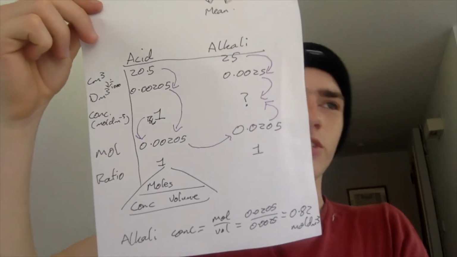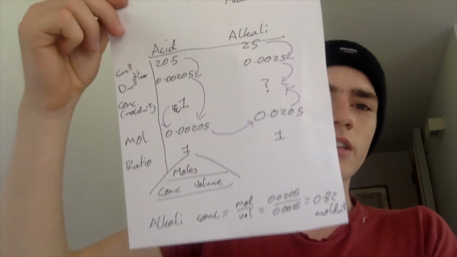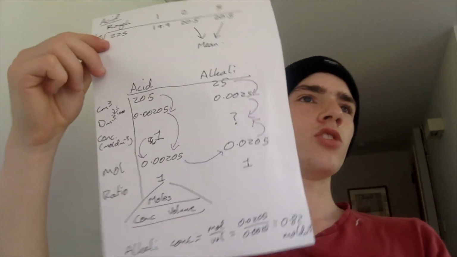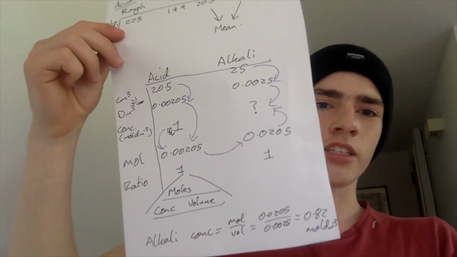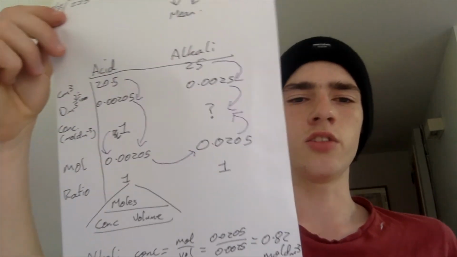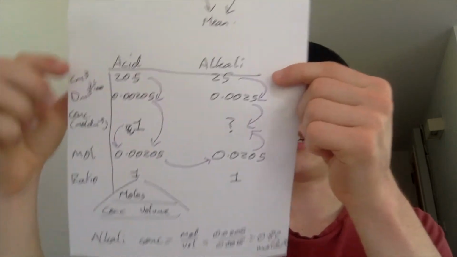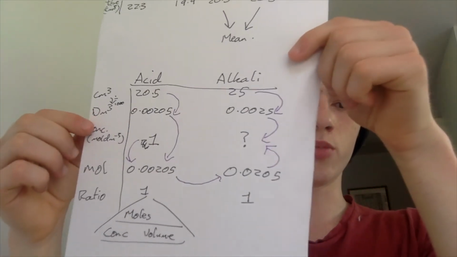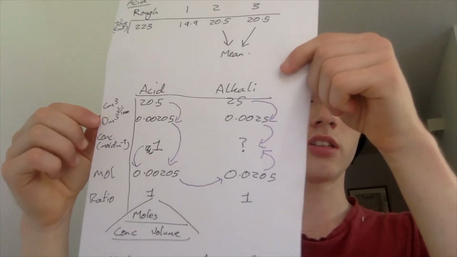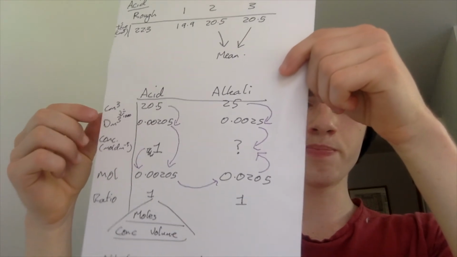In reality, you'd write down what it is. Could be sodium hydroxide, could be hydrochloric acid, but here it's just universal acid. Then you write down the centimetre and you convert it to decimeters cubed, because that's what chemists have said we should do.